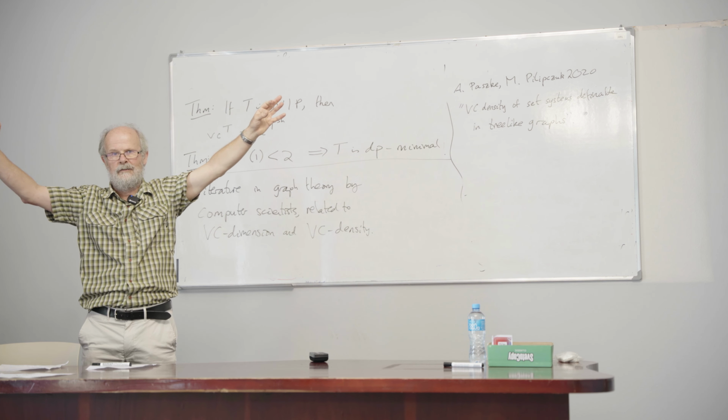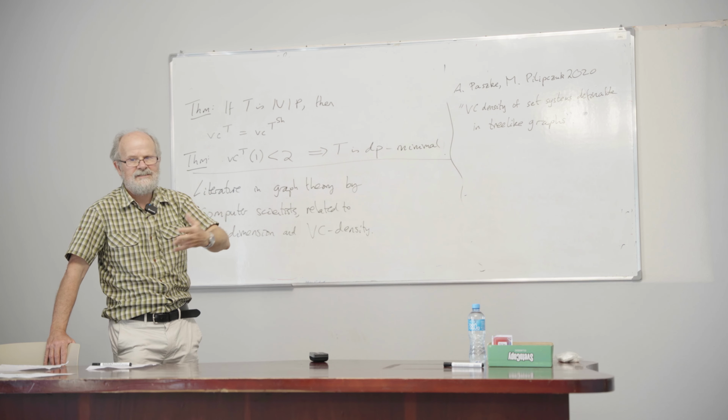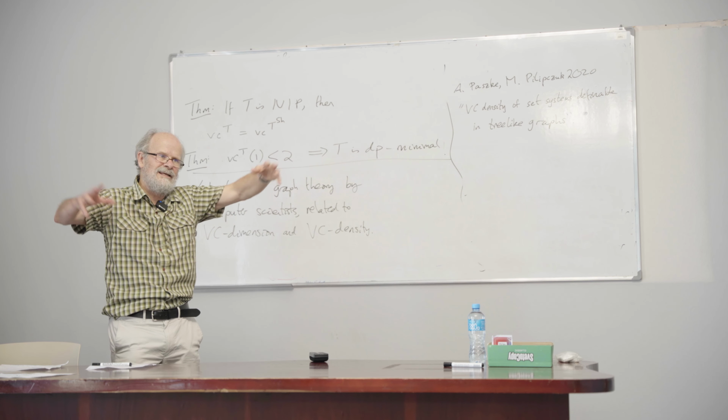And they came up with the various notions of tree-like. And in tree-like graphs, there are good algorithms. So they're looking at VC density. I think they're interested not just in first-order formulas, but also maybe monadic second-order formulas in slightly richer logics.